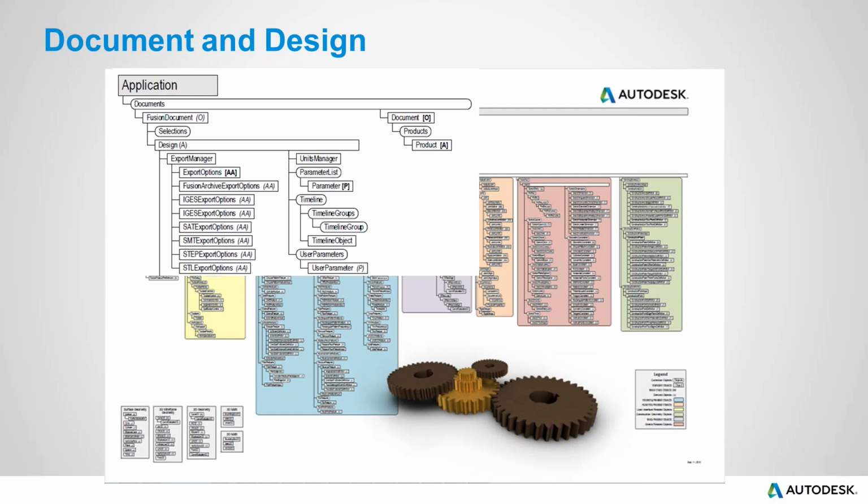Those are all of the documents that are currently open in Fusion. And then from that documents collection, I can get, say, the active document, and from inside a Fusion document, I can get a design.